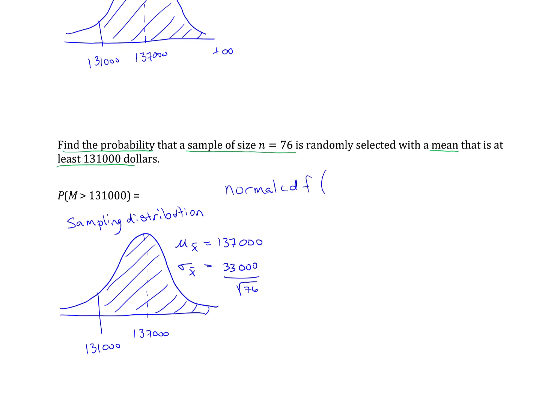So the lower bound of the shaded region is 131,000. The upper bound is positive infinity still. The mean is 137,000, but the standard deviation is 33,000 divided by the square root of 76.